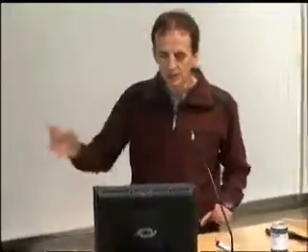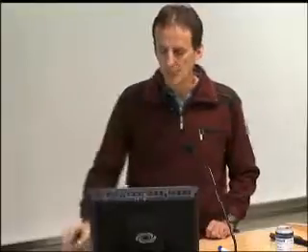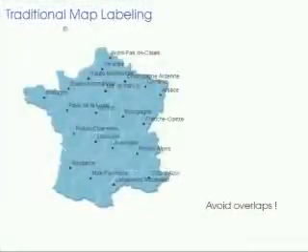The rule I applied here was to always place these labels in the northeast corner of the point. The problem that you already see is that some of the labels overlap, and that should be avoided. That's the map labeling problem: you want to avoid cluttering of the labels.